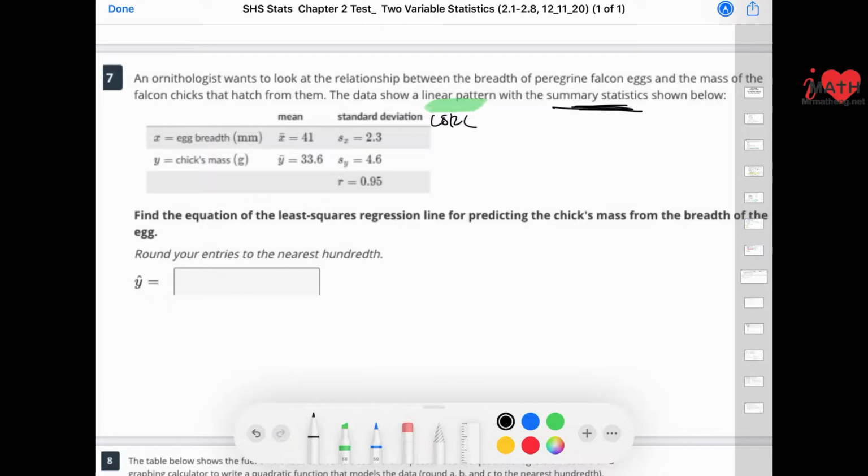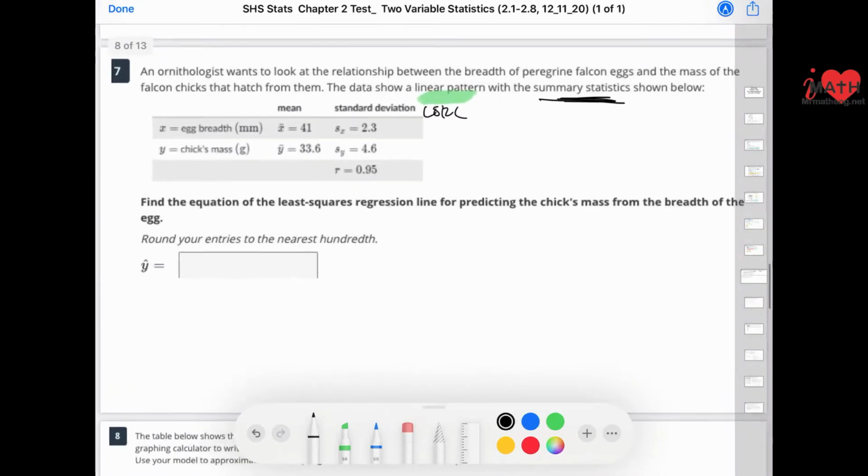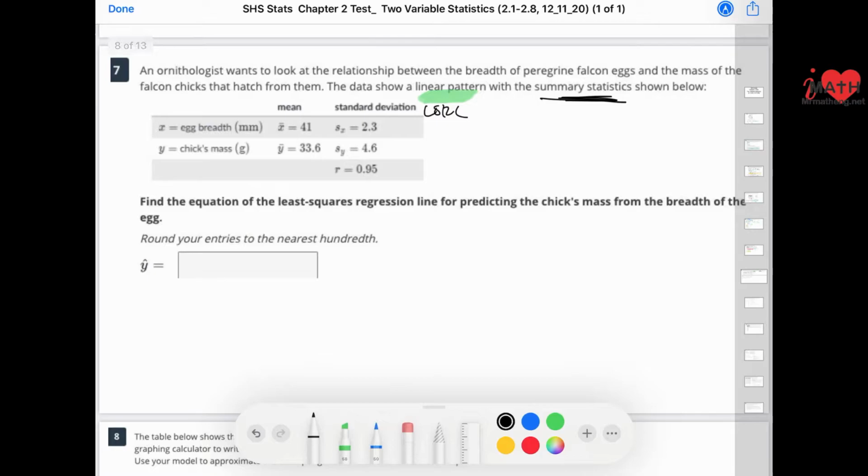So this is the one where you have two formulas, because I allow you to, and I'm just going to pull out my formula sheet. And so I'm going to copy down what I have from my formula sheet. So I have y hat equals a plus bx. Now, if you chose to use b plus ax, it doesn't really matter. You just need to know that this one has no x. So this one is my y-intercept.